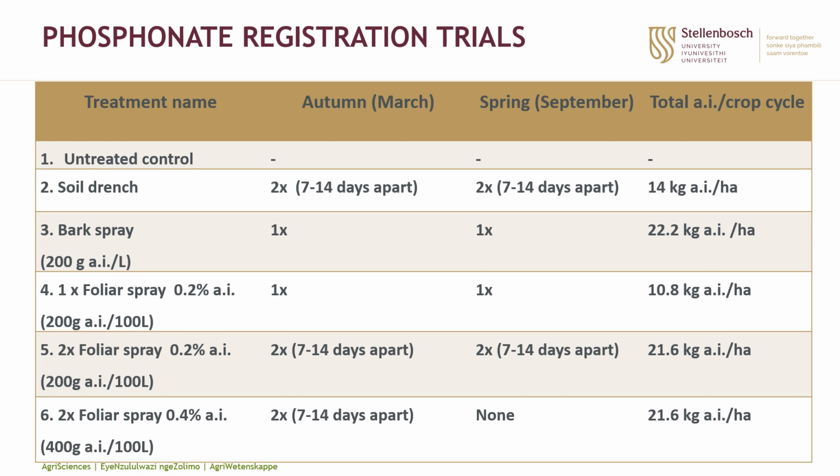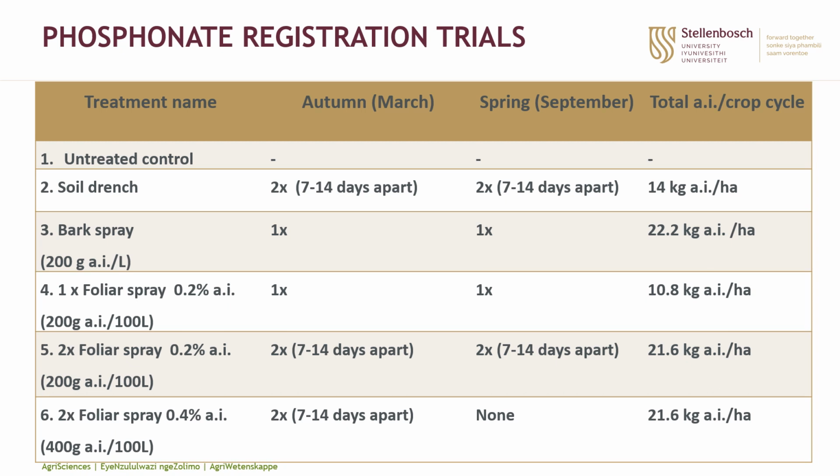We included a 0.4% active ingredient foliar spray, which is a very high concentration. Normally most growers will use 0.2% active ingredient. We were interested in seeing what the 0.4% active ingredient would do if you only apply it during the March application window to increase our root phosphate concentrations.